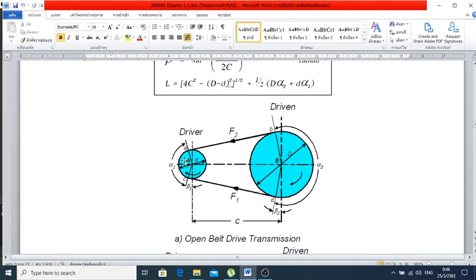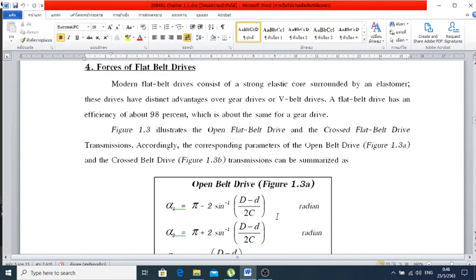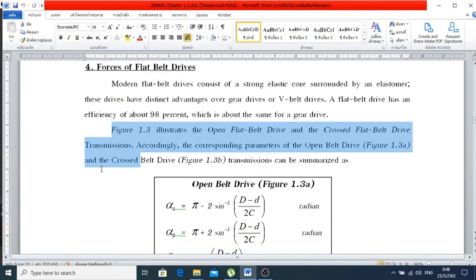You may see in the figure there, alpha 1 and beta 1 are shown up there, and then we have alpha 2 and beta 2 respectively. Figure 1.3 illustrates the open belt drive and the cross belt drive transmission.